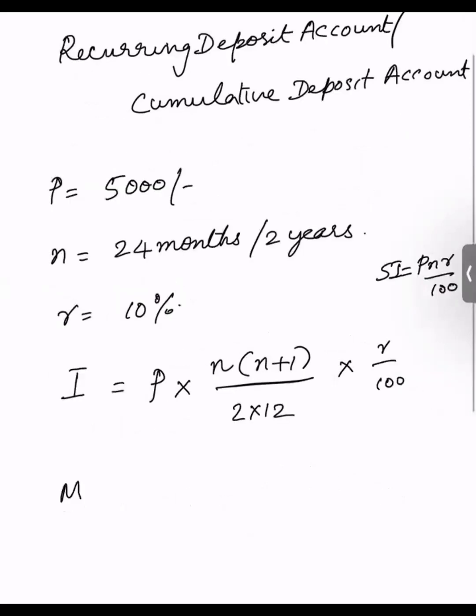Maturity value. Maturity value means after 24 months, what will be the amount that you will get? You are investing 5,000 rupees for 24 months. So after 2 years, how much you will get? That is called maturity value.